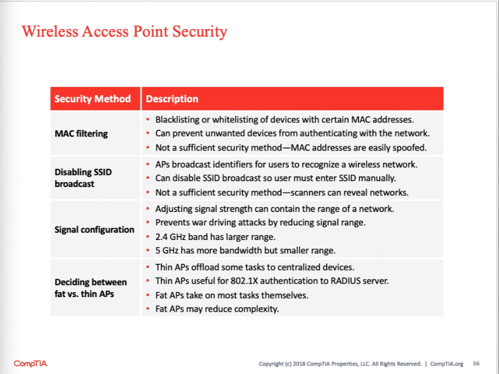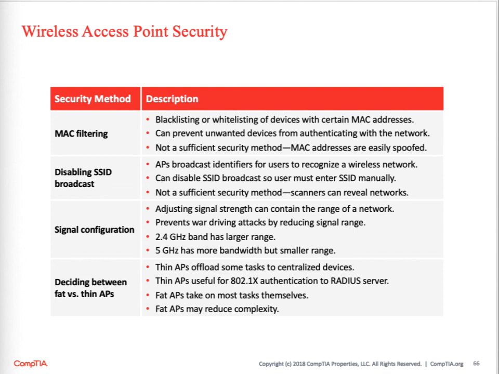Then we have disabling the service set identifier broadcast, that's your Wi-Fi name that you see on your list of Wi-Fi networks. The access point is going to broadcast the SSID to show a human user that a particular access point is in range, and this is the default behavior in most situations.